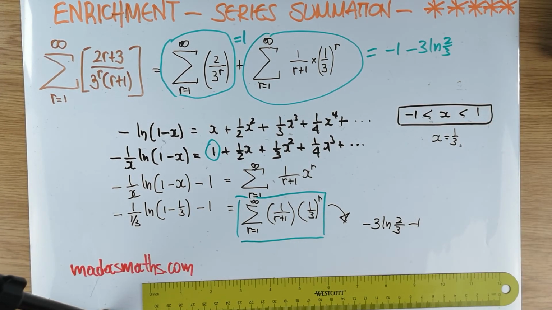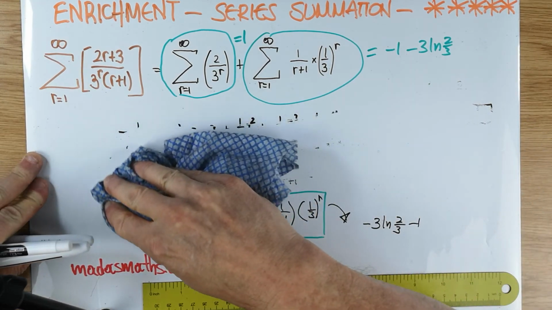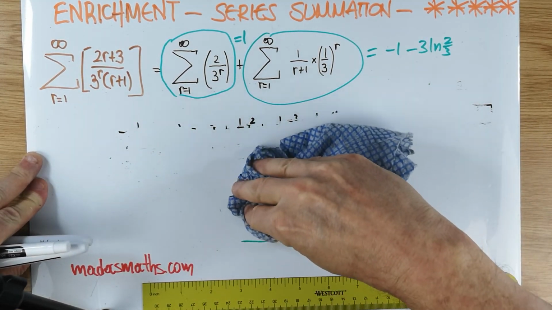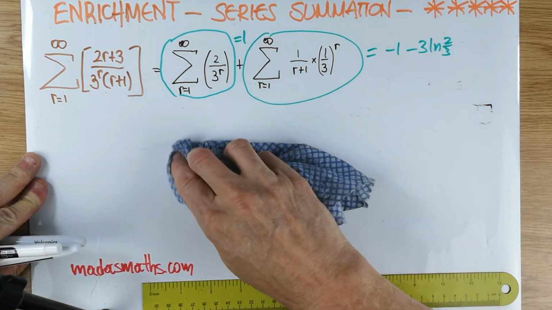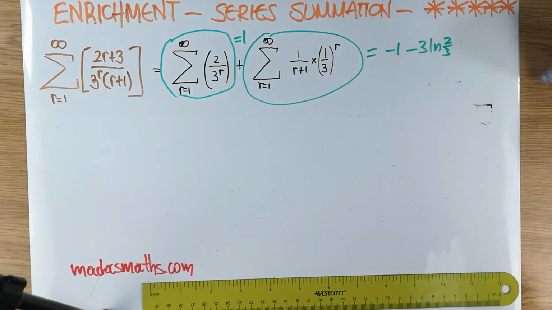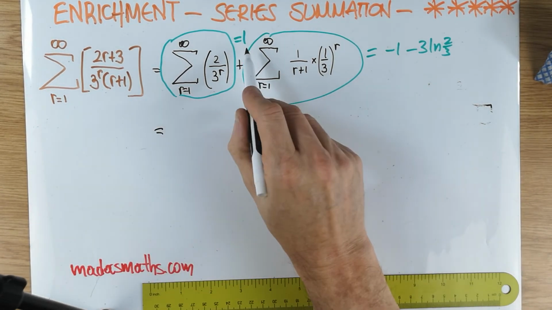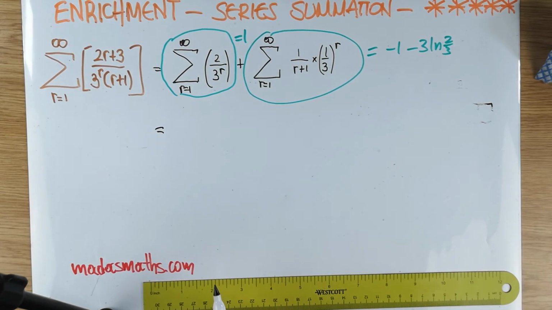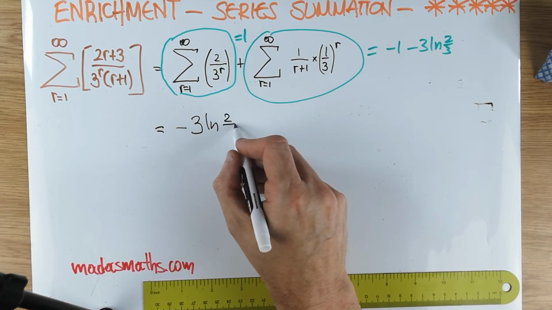And the rest is now history. It's game over now. It's all finished. It's just a case of the time it takes me to rub this off. We should just have an answer in the simplest form. This particular series, we have 1 minus 1, goodbye my friend, minus 3 log of 2/3.